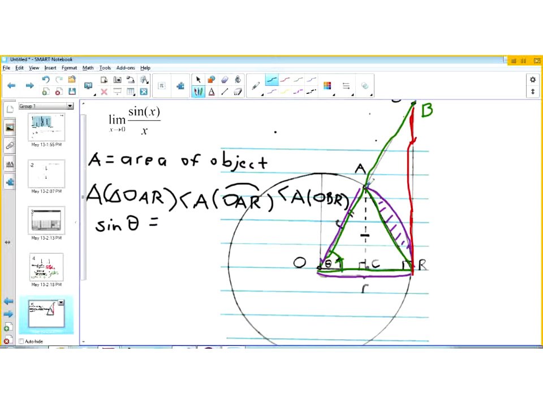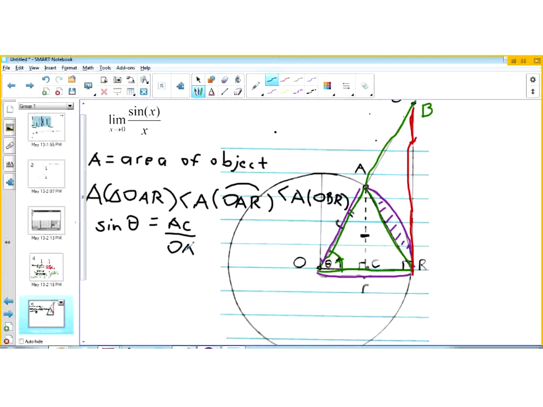If you can see theta, and I've dropped a perpendicular line from A to segment OR, this perpendicular line with the hash mark right here, then from the construction the opposite is AC, divided by the length of the hypotenuse, which is OA.